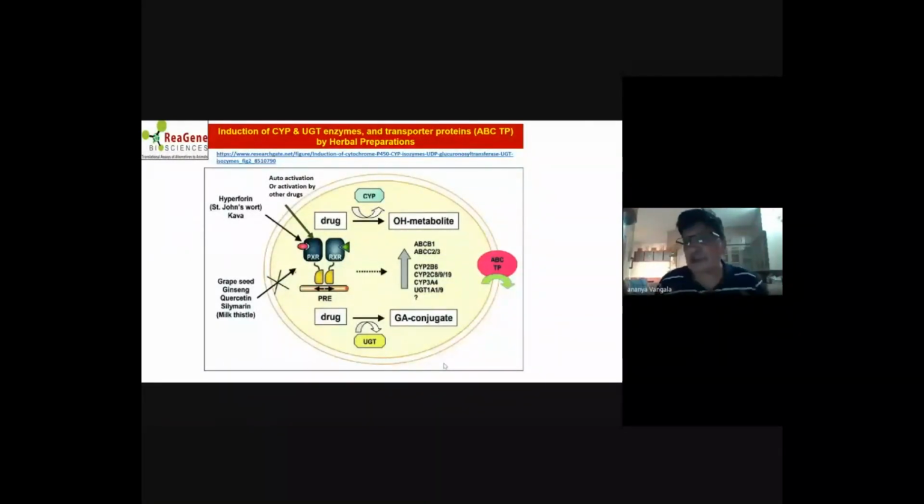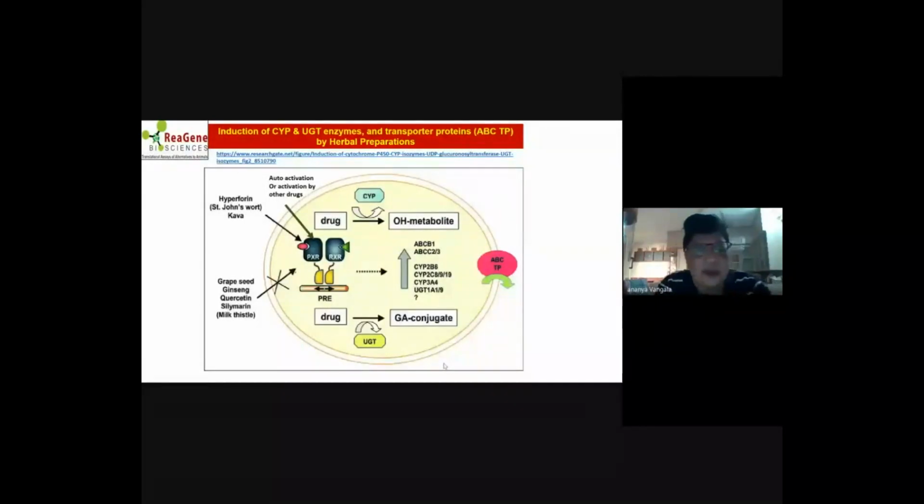It's evolutionary, that is actually a very good thing to protect us, but for drug discovery, it's becoming a problem for us. For example, there is a drug that goes into the cytosolic fraction, right? There's a nuclear receptor called pregnane X receptor, and it forms a hybrid with retinoid X receptor.